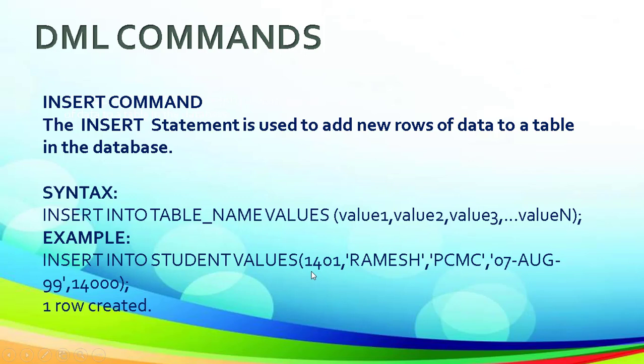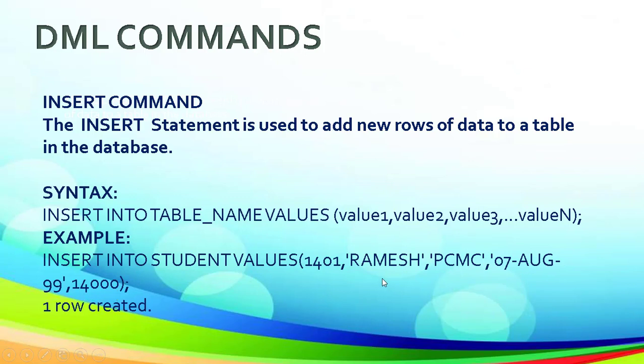The first is register number 1401, then the name of the student, then combination PCMC, then the date, that is 07 August 99. The date has to be specified by day, then the month and the year, and the month has to be specified with letters, and the first three letters should be specified. The last column is for the fees.